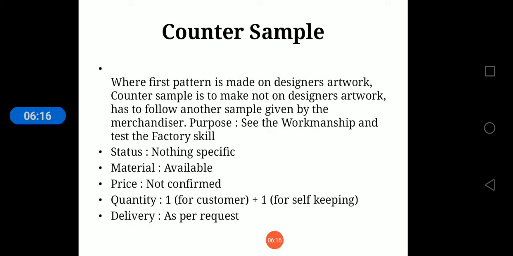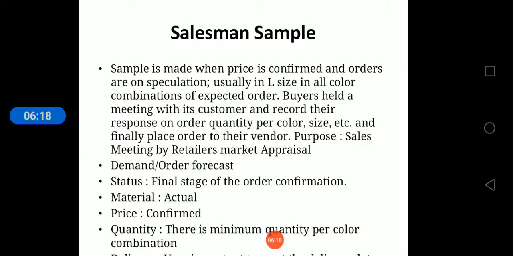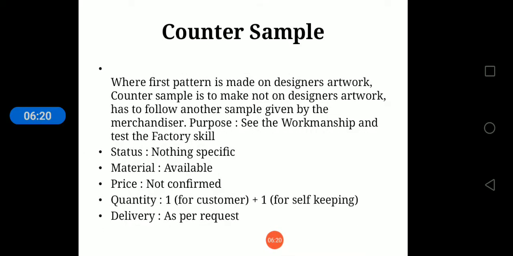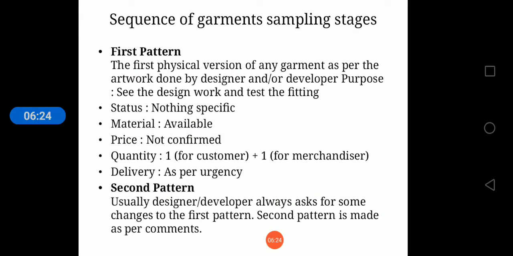What is the sequence of samples we have to take from the different types of samples? First pattern: the first physical version of any garment as per the artwork done by the designer and our developer. Purpose: see the design work and test the fitting. Status: nothing specific.